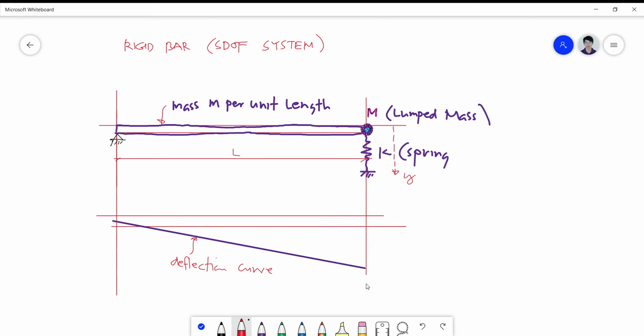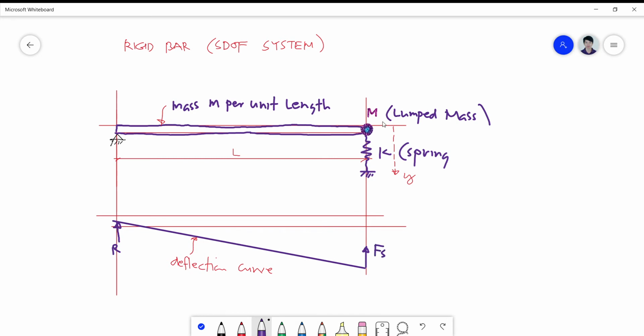And of course, taking the free body diagram of this bar, we have here a reaction at this point, and then we also have here a spring reaction, which is Fs.